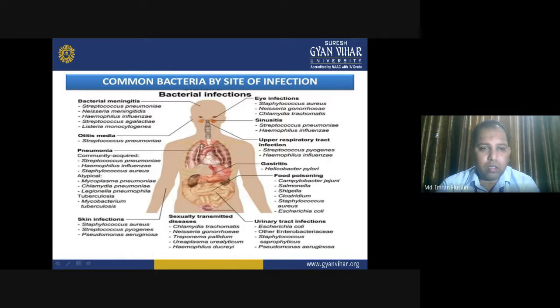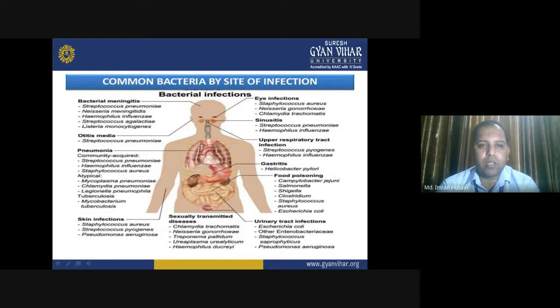Community-acquired pneumonia is mainly caused by Streptococcus, Haemophilus, Staphylococcus aureus. Atypical pneumonia is caused by Mycoplasma, Chlamydia, Legionella, and Mycobacterium tuberculosis. Otitis media is caused by Streptococcus pneumoniae.